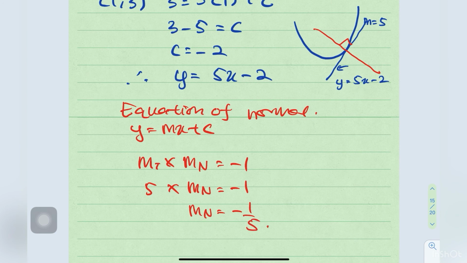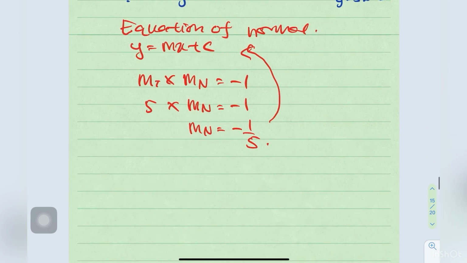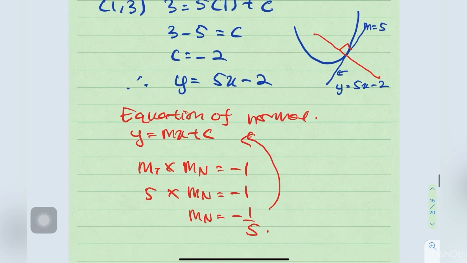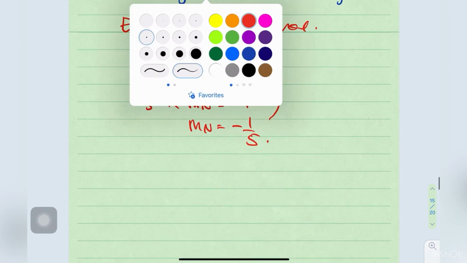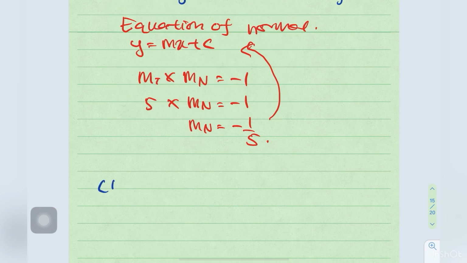So equation of normal, we substitute into y equals to mx plus c. So point just now, point is 1, 3. So 1, 3 into y equals to mx plus c. So y is 3, m is negative 1 over 5.